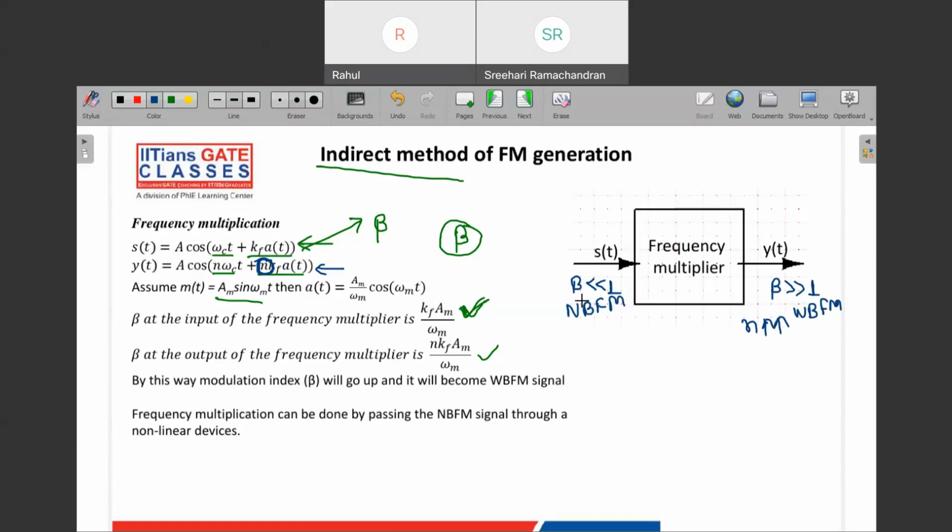First, we generate the narrowband FM signal through the circuitry we discussed in the last slide, and then pass it through the frequency multiplier circuit to make beta much greater than 1, which generates the wideband FM signal. We call it indirect because we are not directly generating the wideband FM; first we generate the narrowband FM, and then through the frequency multiplier we generate the wideband FM.